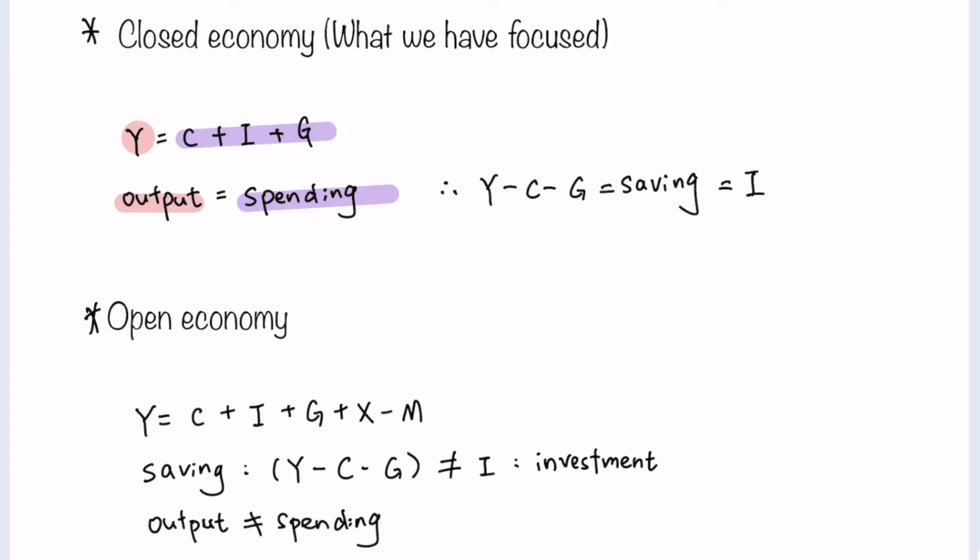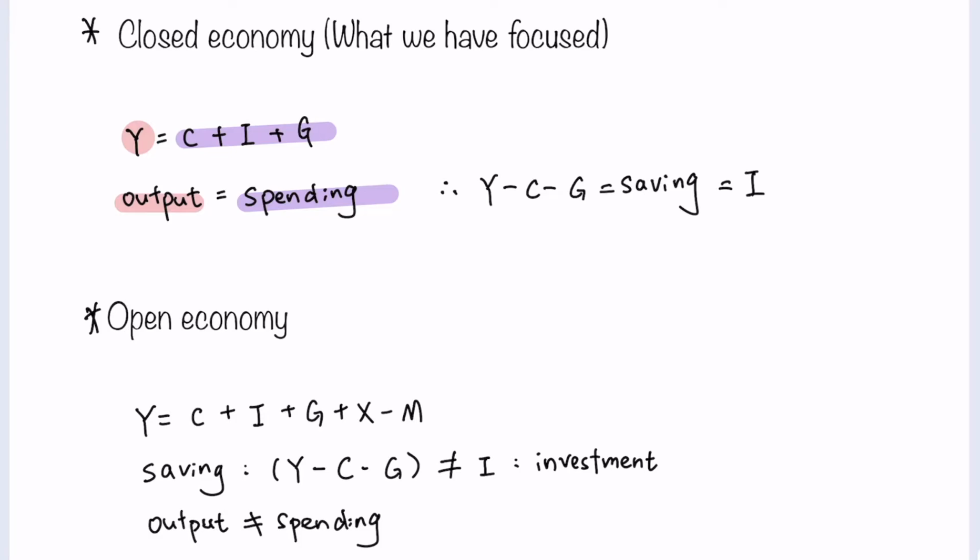So here we know that under an open economy, the output no longer equals spending, because the total spending of the nation is still the private consumption plus the government expenditure. But some of the goods that are produced will be exported and then consumed by someone outside of the country.